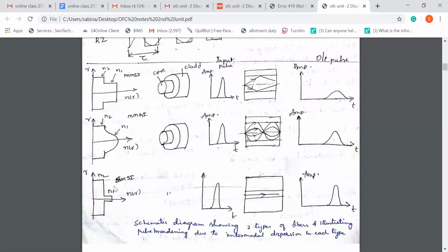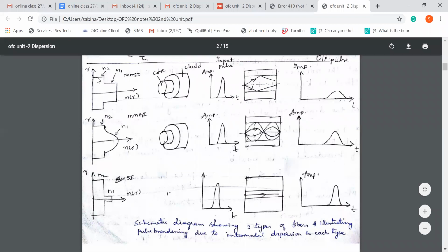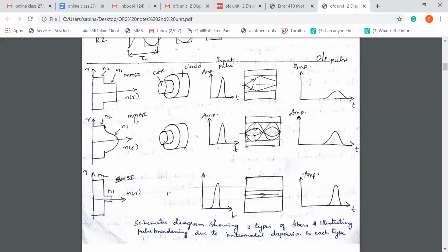See here, this is a multimode step index optical fiber, right? This is multimode.